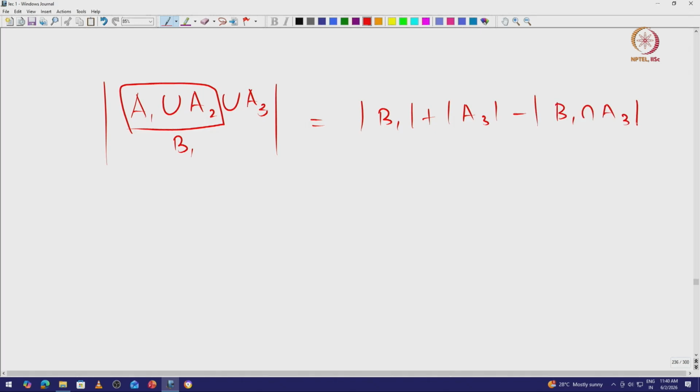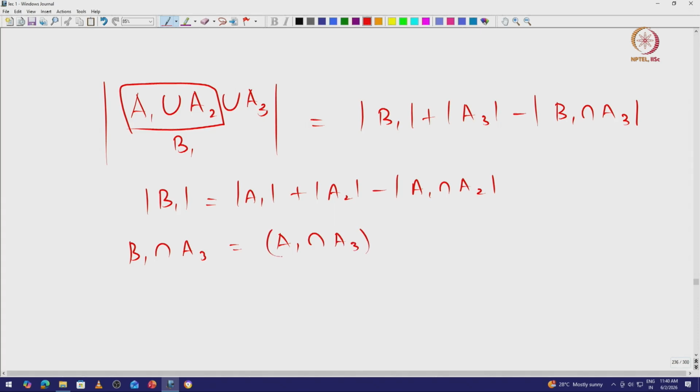Now what is the cardinality of B1? The cardinality of B1 is given by cardinality of A1 plus cardinality of A2 minus the cardinality of the intersection of A1 and A2. Now what is B1 intersection A3? This is going to be A1 intersection A3 union A2 intersection A3.